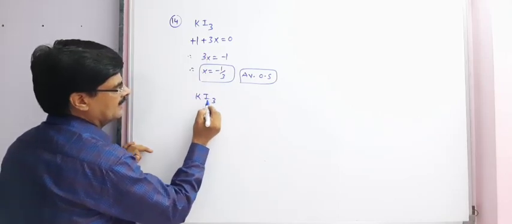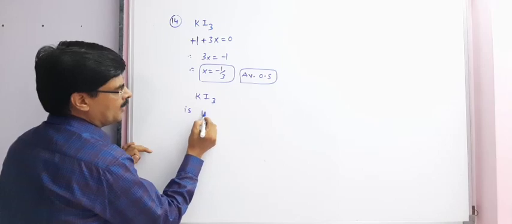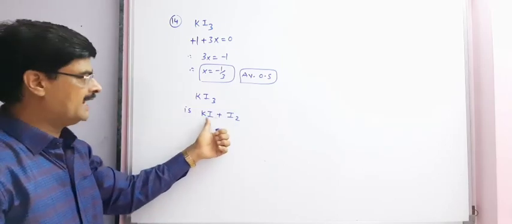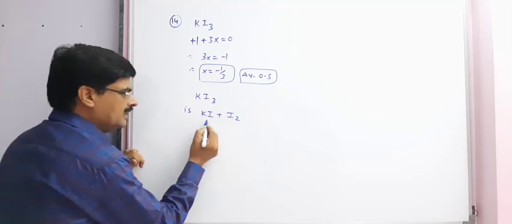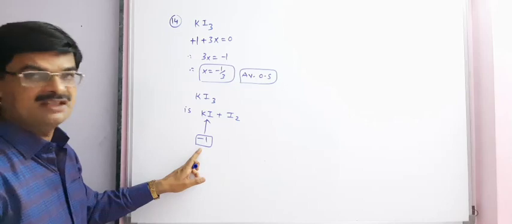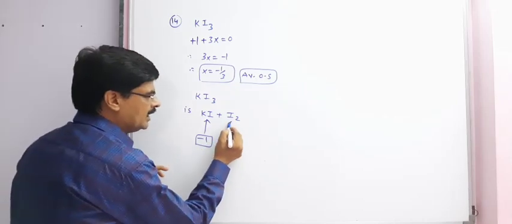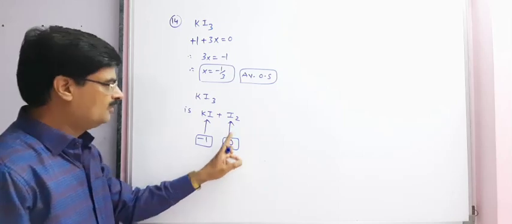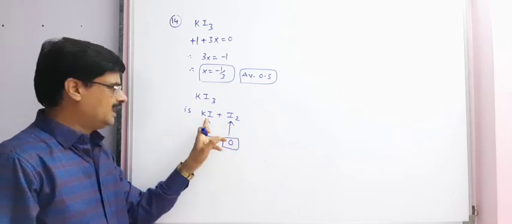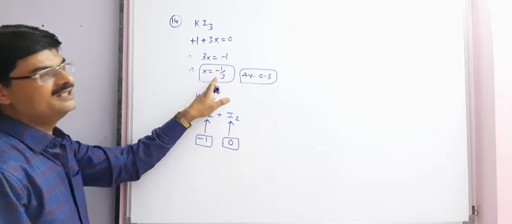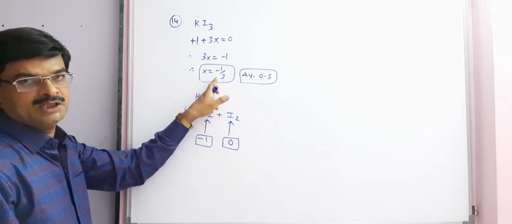KI3 is made up of KI plus I2. In KI, the oxidation state of iodine is minus 1, but in iodine it is 0. For 2 iodine we have 0, and for 1 iodine we have minus 1. So let us find out whether the average oxidation state is minus 1 by 3 or not.